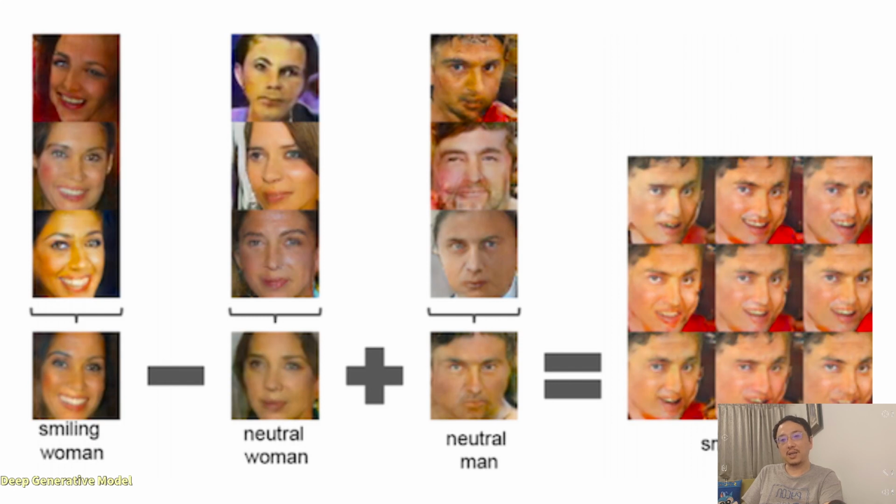And in DCGAN, it also provides an example showing that the latent space trained by GAN has some semantic arithmetic, like you can take the latent for a smiling woman, subtract a neutral woman, and add a neutral man, and you get a bunch of smiling men.